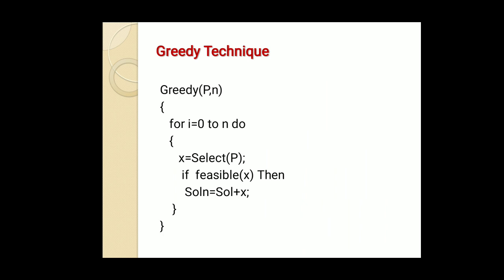So here as you can see, P is a problem and n is the number of solutions for your given problem. So what I do is start from the 0th solution to the nth solution of mine and try to select the feasible one. See, x is equal to select of P. So I will be selecting each problem of mine and putting that as a feasible one. If it is a feasible one for me, I put that into a solution list of mine.